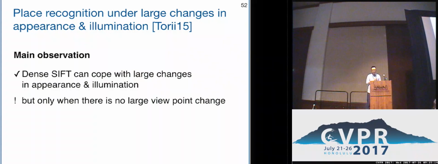The main observation from studying this data set is that dense SIFT can cope with large changes in appearance and illumination. That means the descriptors are strong enough for the illumination changes, but the local keypoint detection is quite weak to the illumination changes.